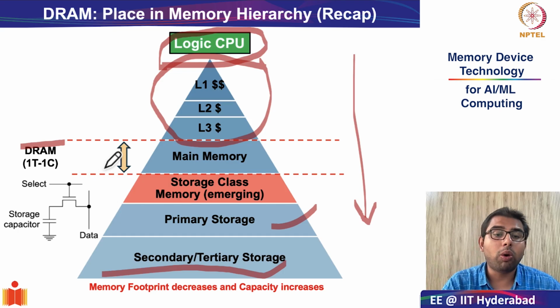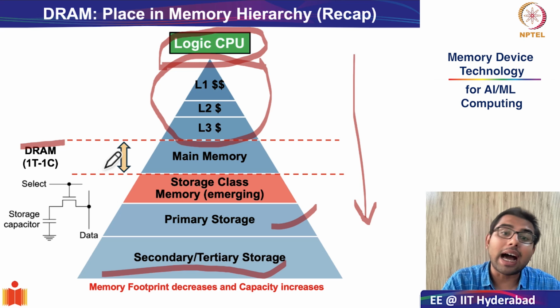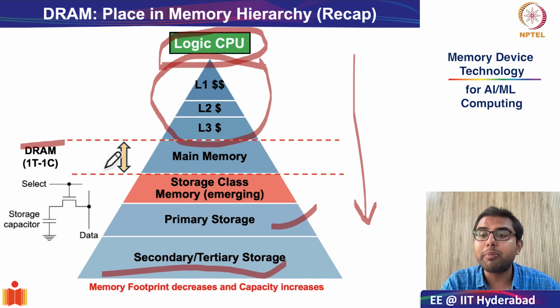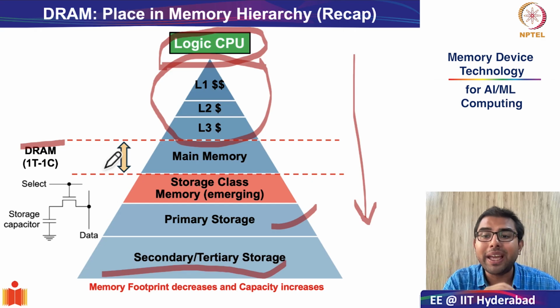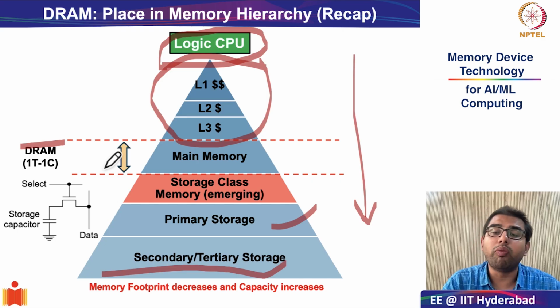Also recall what is the meaning of the word dynamic random access memory. It means that unlike your static random access memory, SRAM, where the data, once it is stored, cannot be erased until you switch off power supply. So all of these memory elements, as you know, unlike storage, are all volatile.